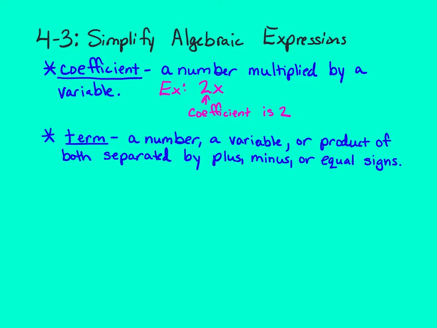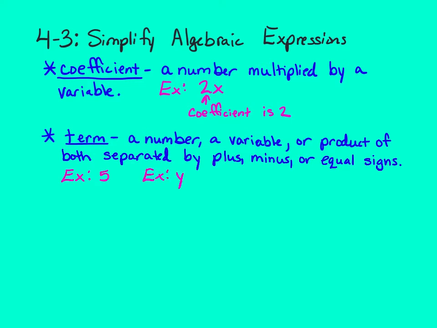A term is just a number, a variable, or a product of both separated by plus, minus, or equal signs. We won't see equal signs in expressions, but if you saw an equation, terms could be separated by an equal sign. For example, 5 is a number, so it's a term.